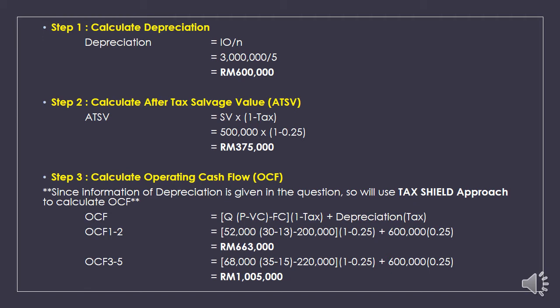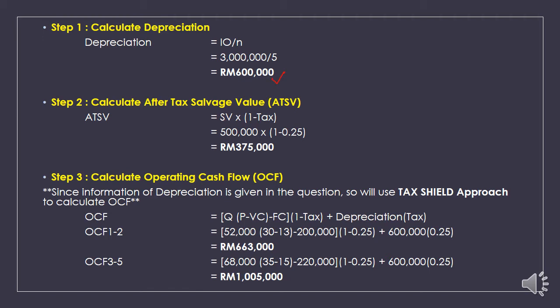Based on the formula, depreciation equals IO divided by N. IO represents the initial outlay, or the cost of the project, which is given in the equation as 3 million, divided by N, the maturity period or useful life of the project, which is 5 years. So 3 million will be divided by 5 years, and you will get depreciation of RM 600,000.